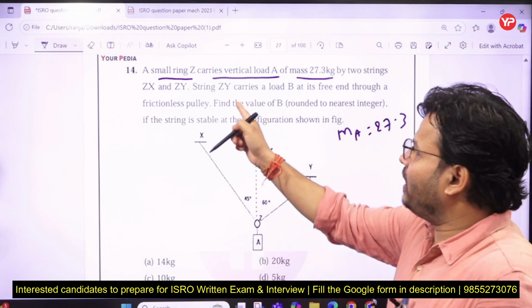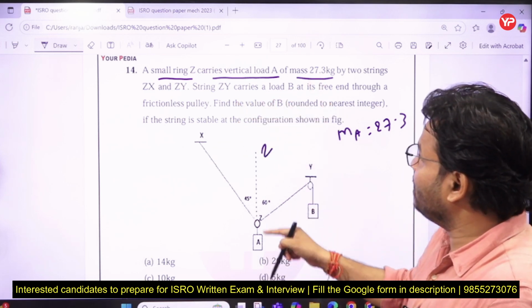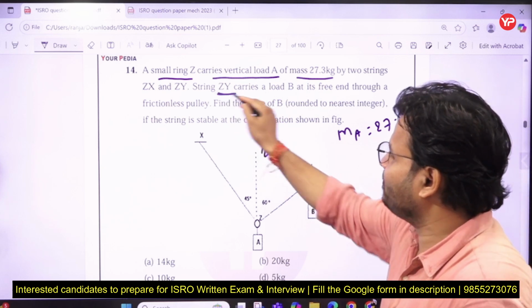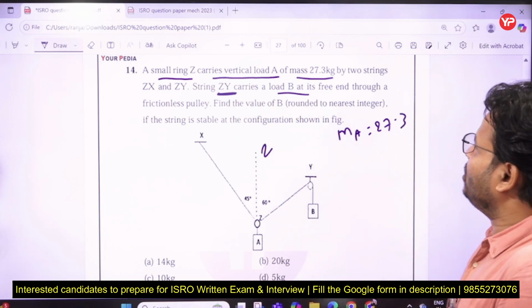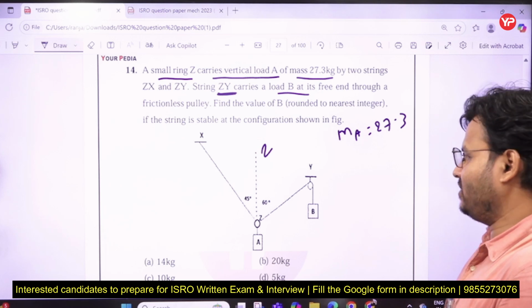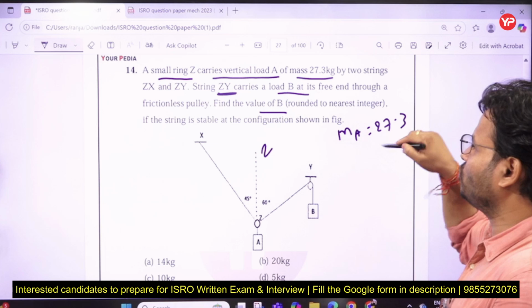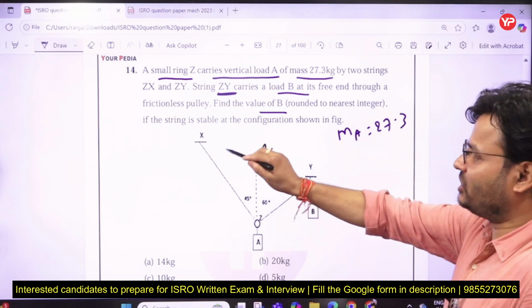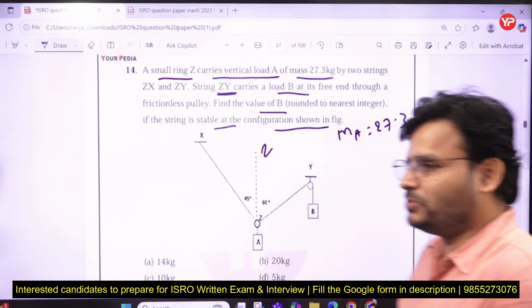A string XY carries a load at B. A string XZ, not Y, carries load B at its free end through a frictionless pulley. Find the value of B, rounded to the nearest integer, if the system is stable in the configuration shown in the figure, the diagram you have.